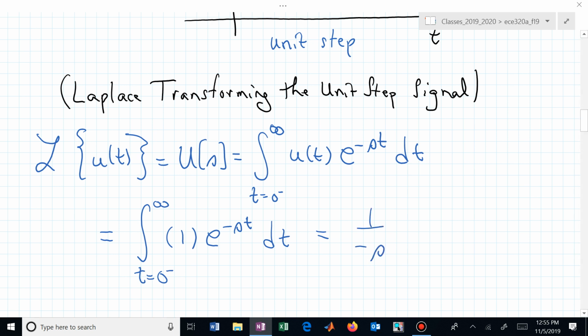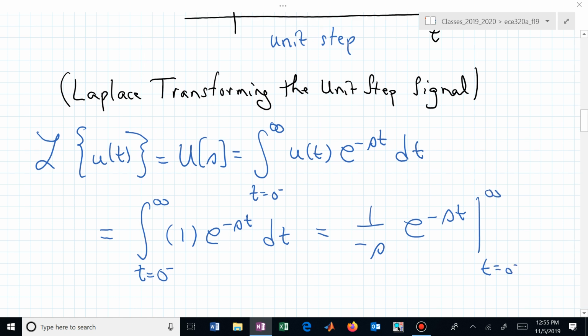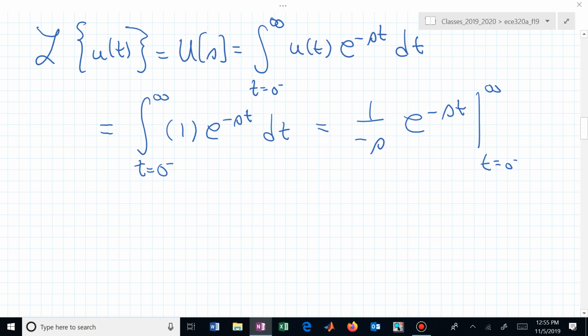So now we have s is just a variable, 1 over minus s, e to the minus st from t equals 0 minus to infinity. Or now we have e to the minus infinity minus e to the 0. And I shouldn't have maybe done it that quickly, but we now have e to the minus s times infinity and e to the minus s times 0.